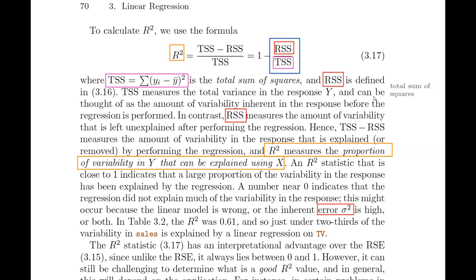So if it's a low R squared, then that's usually driven by two issues. Either the linear model is wrong, you shouldn't be using a linear model to try explaining the why, or else the inherent error sigma squared is high, and you can't change that, right?